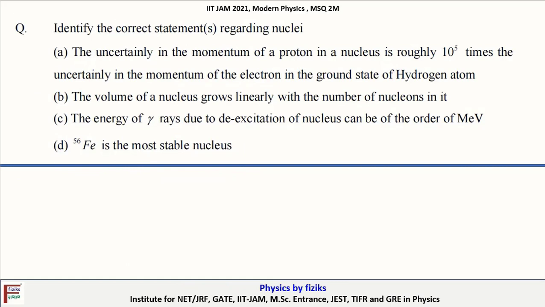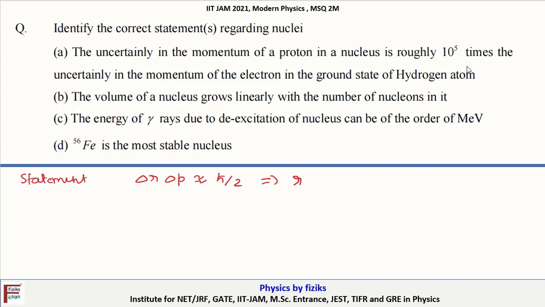Here 4 statements regarding the nuclei are given. The first one is that the uncertainty of momentum in a nucleus is roughly 10 to the power 4 times the uncertainty of momentum of an electron. Regarding statement 1, delta R into delta P is of the order of h cross by 2.